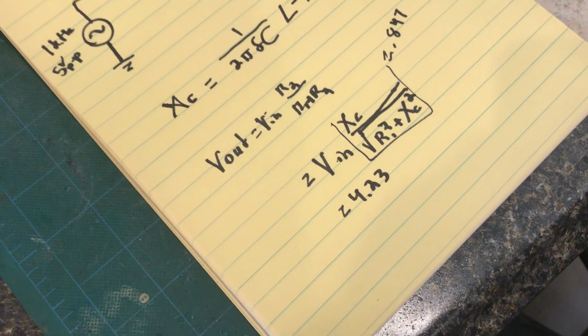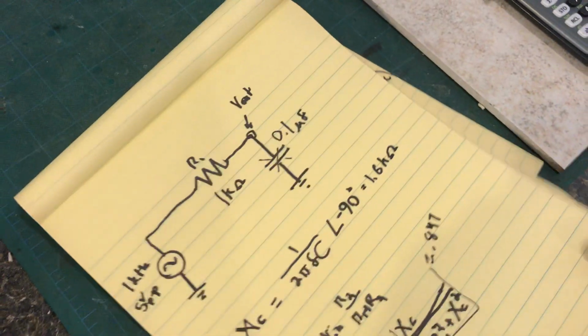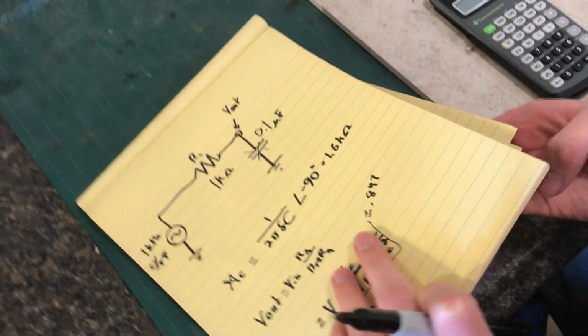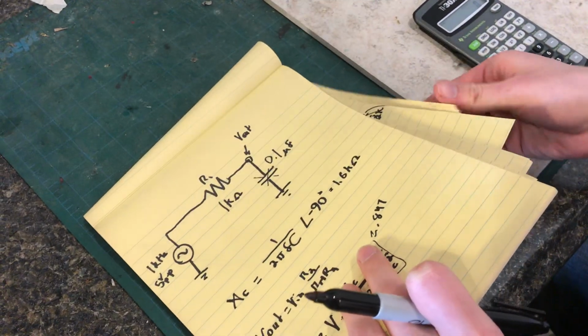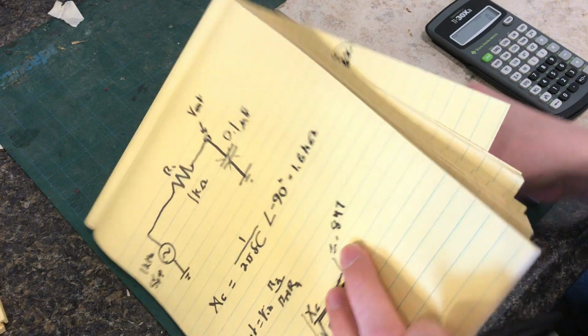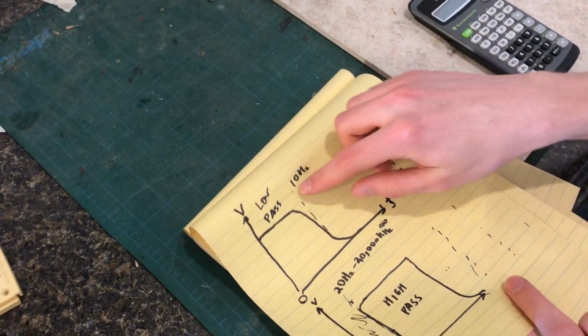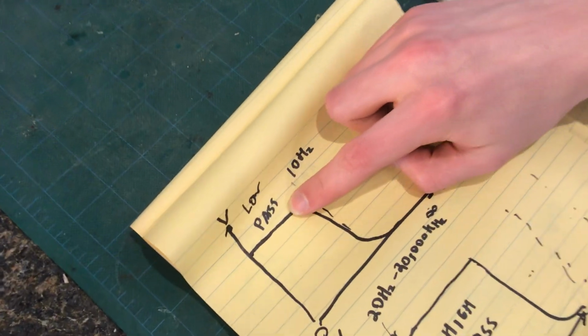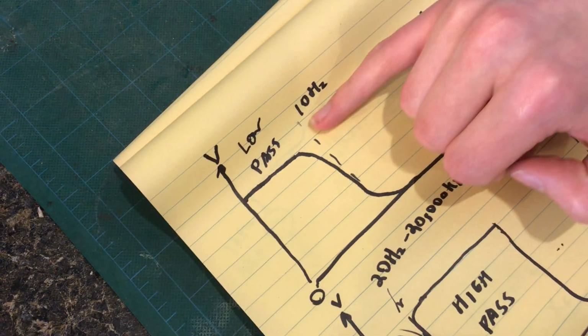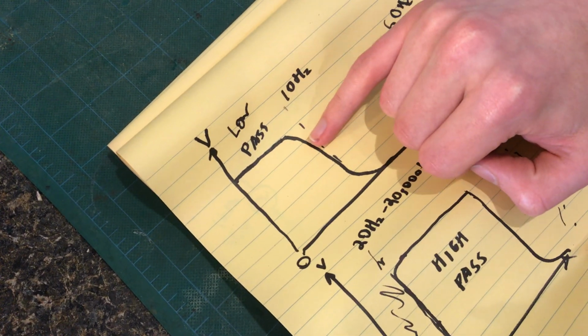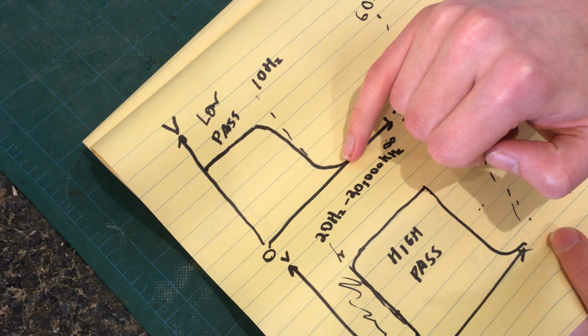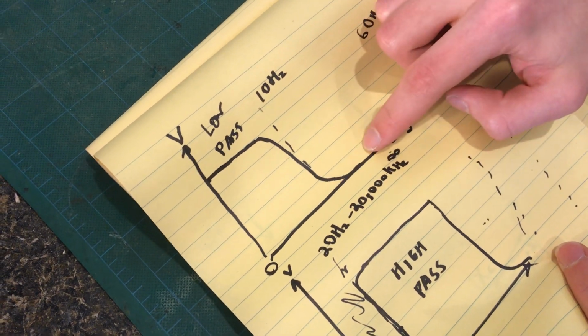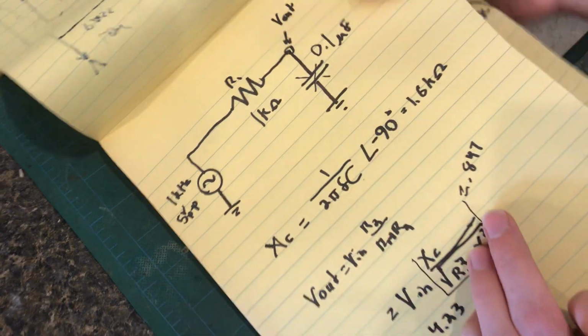You'll notice even on the graph that I drew, if I go back one page, it's not a hard cutoff, right? It'll reach a certain point where the output voltage will start to drop, but even then, it'll never actually hit 0.